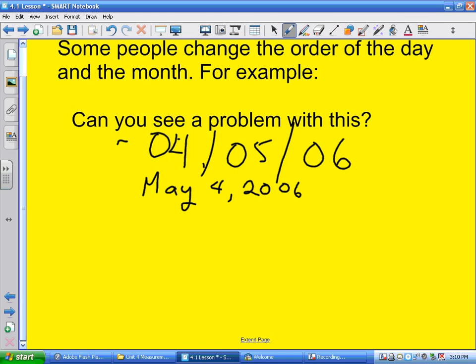There's 4 possibilities here. May 6th, 2004. Well, you probably could interpret it as the 5th month is May, right? And this is the day, so go day, month, year, right? This is your day, 6th, so it'll be the 6th, and 2004.